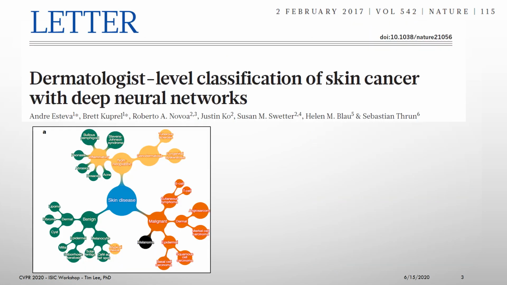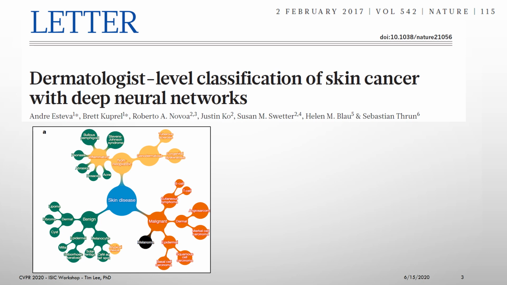In my opinion, the most influential work to the doctors in this area is a Nature paper published in 2017. The paper reports an AI system for classifying over 2,000 skin diseases organized in a hierarchical structure as shown here at the left-hand side of the slide.